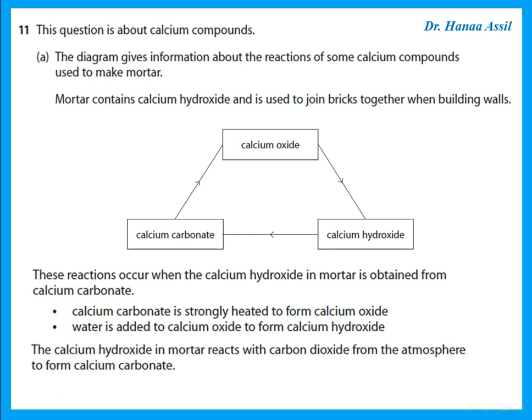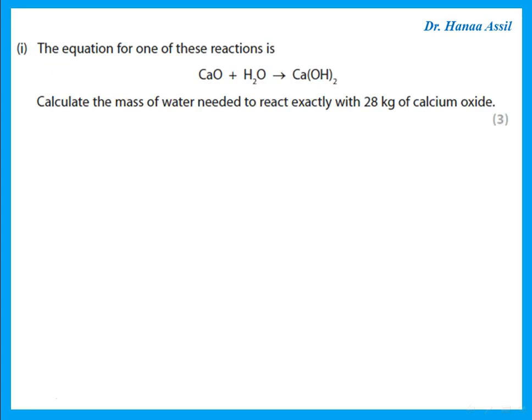So we're trying to get the calcium hydroxide, so he's heating calcium carbonate to form calcium oxide, and then water is added to the calcium oxide to form calcium hydroxide. The calcium hydroxide in the mortar reacts with carbon dioxide from the atmosphere to form calcium carbonate. So these are the basic reactions he's talking about.